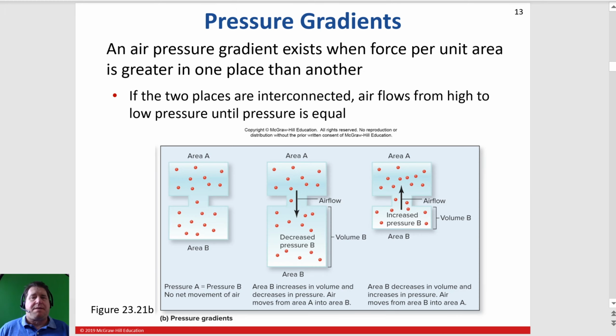This lower pressure creates a pressure gradient, and so the air wants to equilibrate itself, and it will rush into the lungs. Vice versa, when we relax, we compress the thoracic cavity. This increases the pressure inside the lungs, and so the air wants to go out.